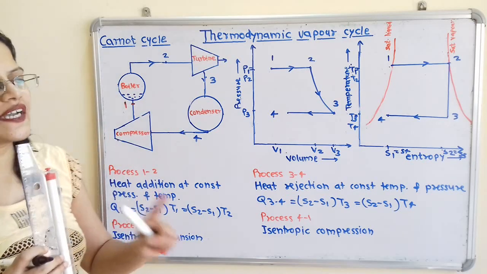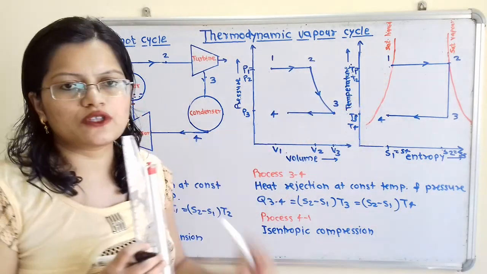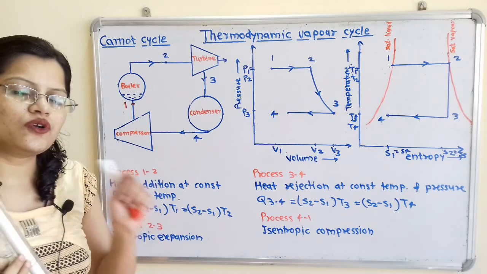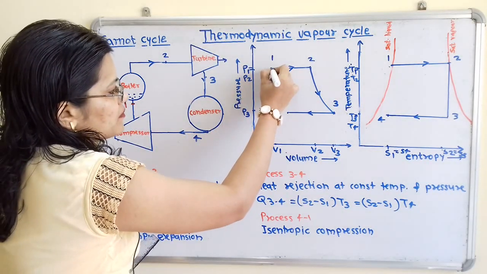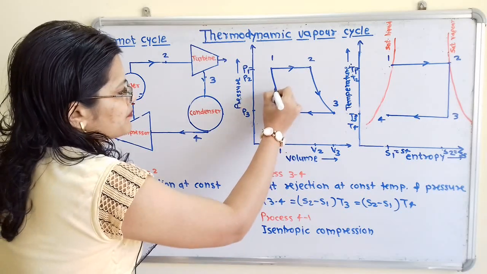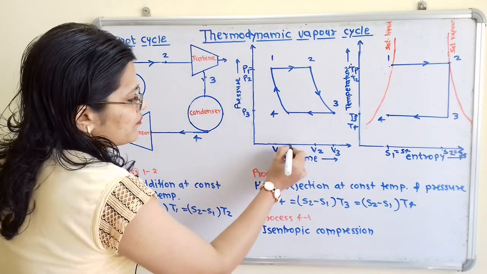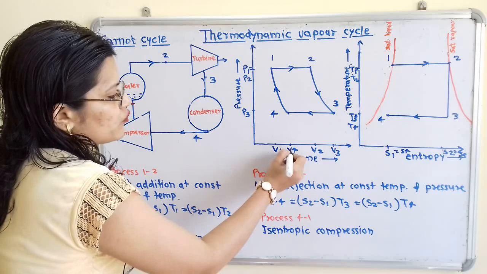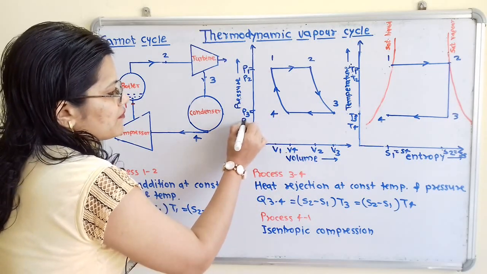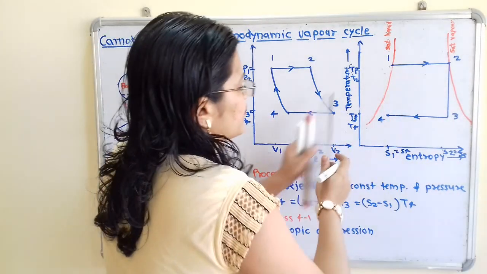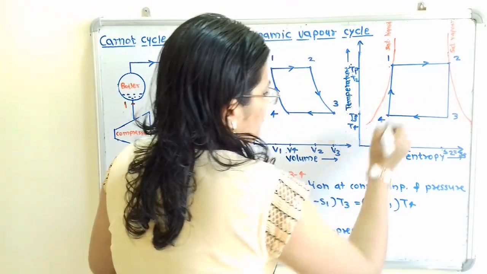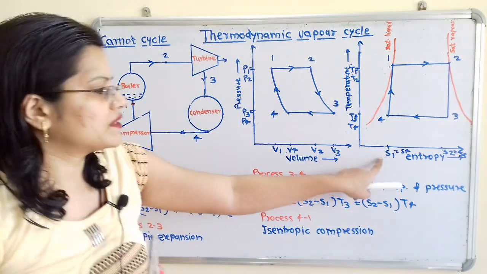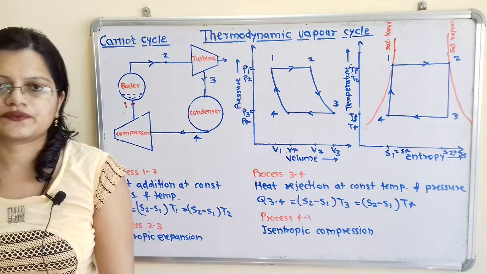So as pressure is getting increased, temperature is also getting increased, and its volume is getting decreased. So we will just join this point 1 to 4. So here for this point 4 we will show volume V4, P3 is equal to P4, and here we will draw straight vertical line for constant entropy, and S1 is equal to S4.